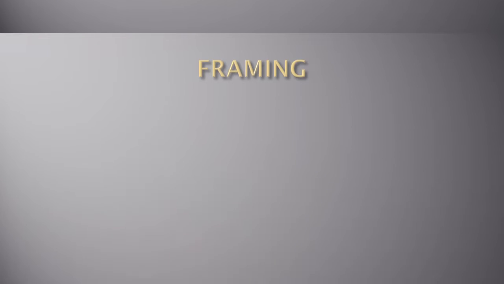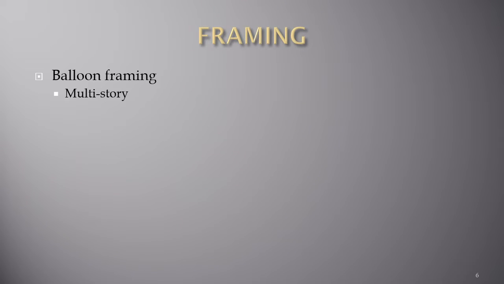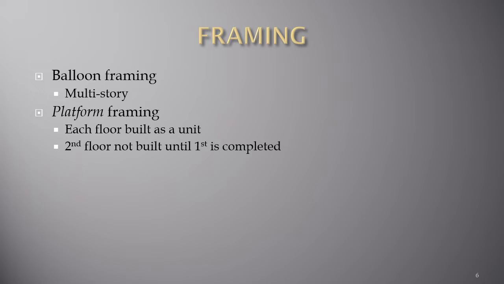So the balloon framing is multi-story. A single piece of lumber will be the vertical studs for at least 2 stories. Platform framing, on the other hand, each floor is built as a unit, and the second floor or succeeding floors are not built until the previous floor is completed.